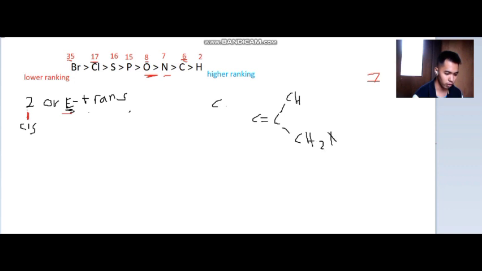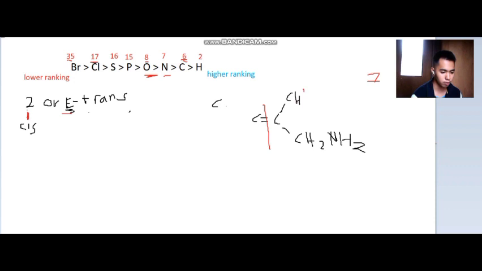CH2, and we have an NH2 bonded with one another. So let's cut to the chase. Let's analyze the right side first.